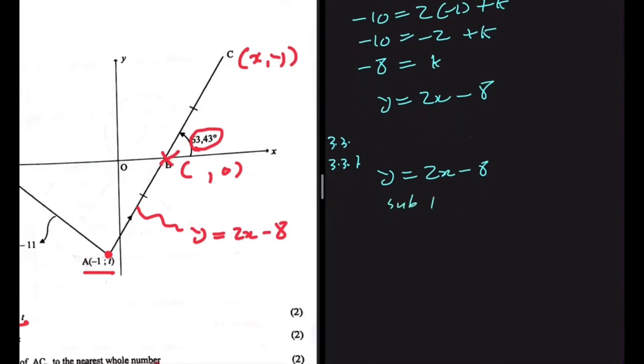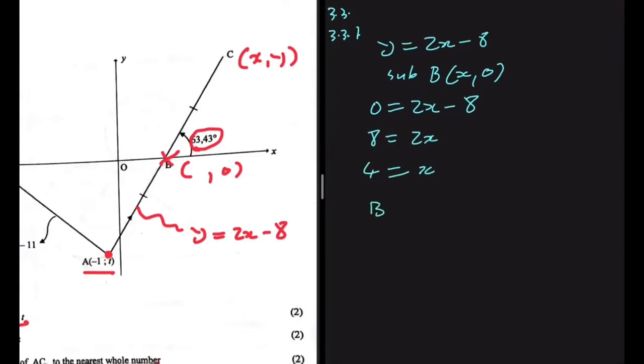So if we sub in B, the x value is unknown and the y value is 0, right? So we're gonna have 0 equals 2x minus 8. So take 8 to the other side, you're gonna get 8 equals 2x. It's easy to see now that x equals 4. So B has coordinates 4 and 0, and it is the midpoint of AC, right?